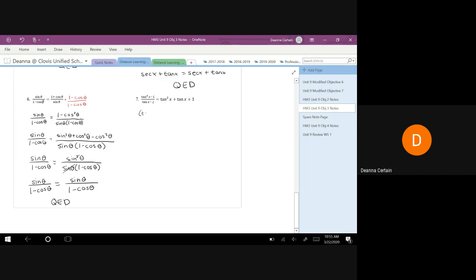And so if I factor that, a minus b, a squared, opposite sign ab, always positive b squared, which will allow on the left side of my equation the tangent x minus 1 to end up canceling, leaving me with tangent squared x plus tangent x plus 1 on both sides of the equation. And your proof is done. And that's 9.3.